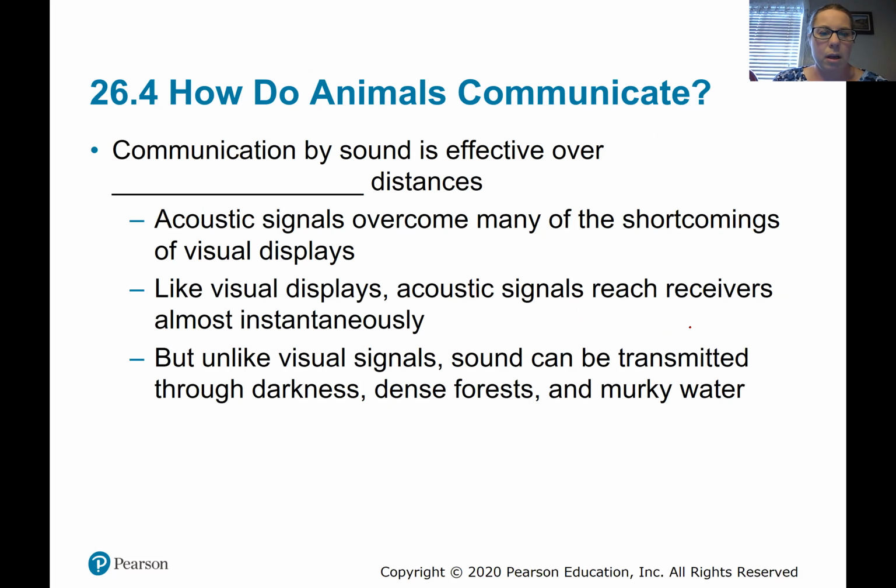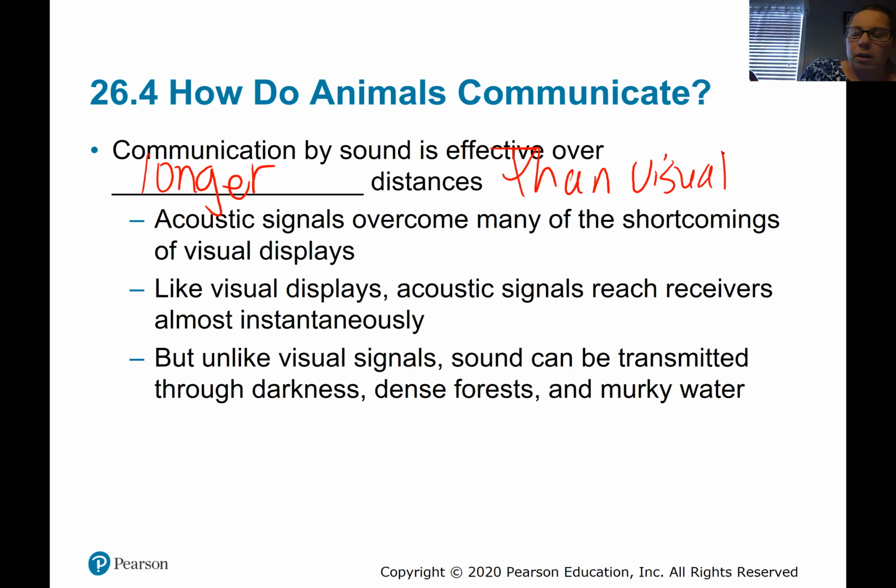All right. Another type of communication is sound, and sound is effective over longer distances than visual. They receive it almost instantaneously.